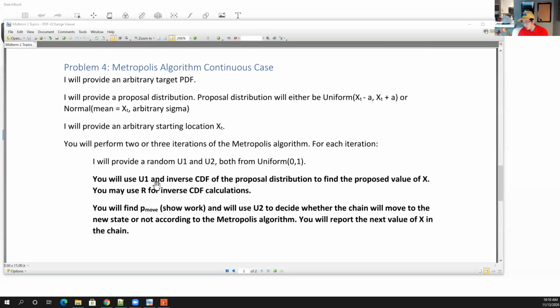Okay, and you can use R, or you'll probably have to use R for some of these inverse CDF calculations, especially if it's the normal distribution. Okay, and then you'll have to find the P move, that acceptance probability, and you'll use U2, the other uniform value, to decide whether the chain will move or not according to the Metropolis algorithm. And based on that, you'll report the next value of x in the chain.